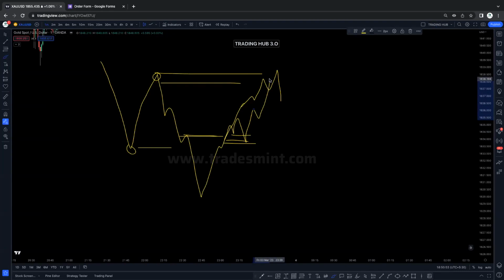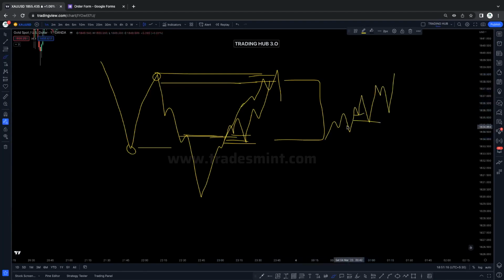And mostly people do the wrong thing here: they wait only here to mitigate the extreme or any POI, but they don't want to trade between this POI and this one. If you are willing to trade in between, simply you can buy also here like this.